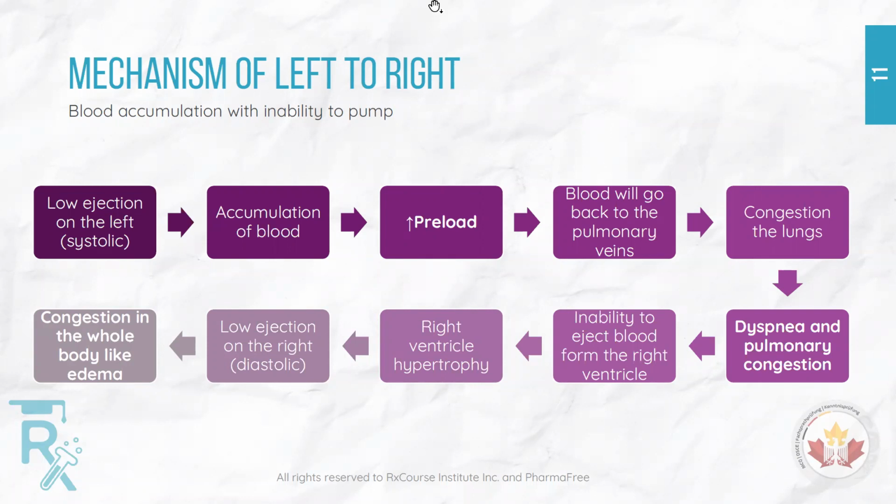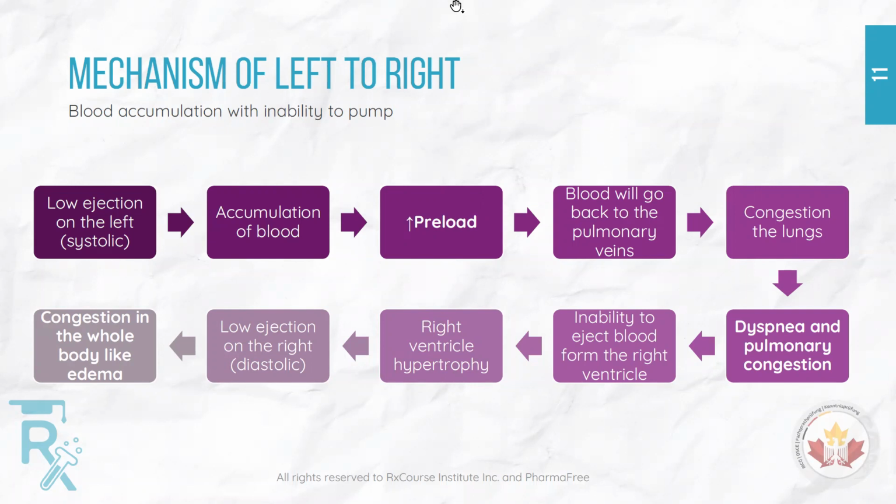What does this mean to the right ventricle? It will push more to the lung. It cannot push because already the lung is full with blood. So it will accumulate. It will over pressure on the lung, and the blood will stay in the right ventricle.